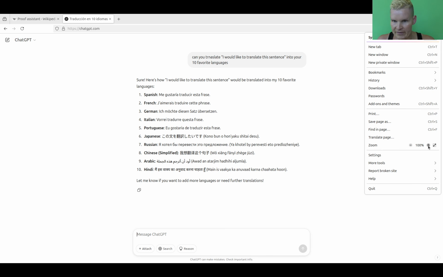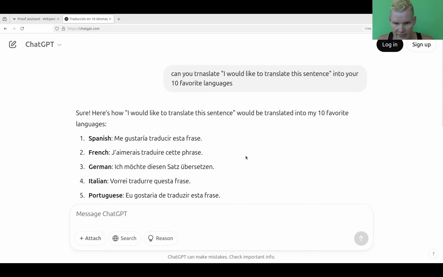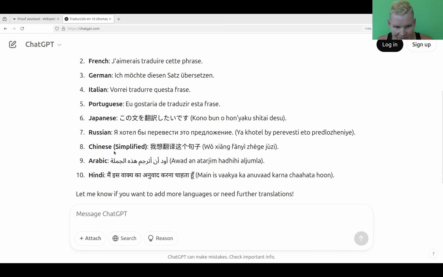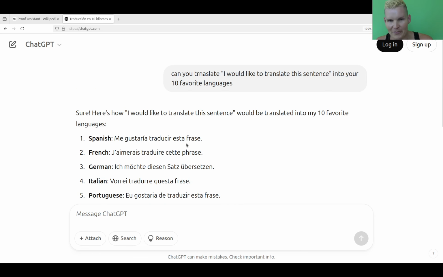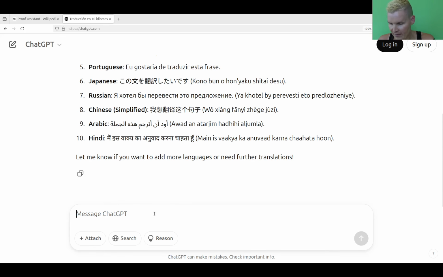Okay, so this is what I did before. German, Spanish, French. Is it the same list? Italian? No, not quite. But Spanish seems to be its favorite. And now the same, but the old way of translating it, word by word.